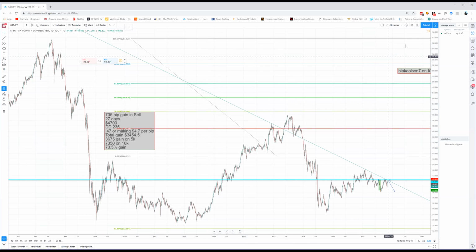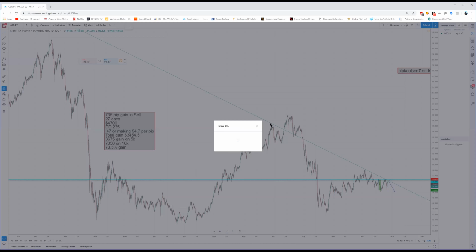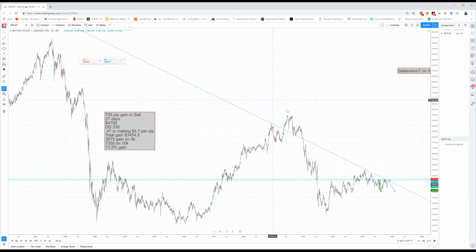I don't know why this came up. Yeah, I can go over it again. Okay, there's the screenshot in the chat as well. So yeah, let's go over piercing trend lines.